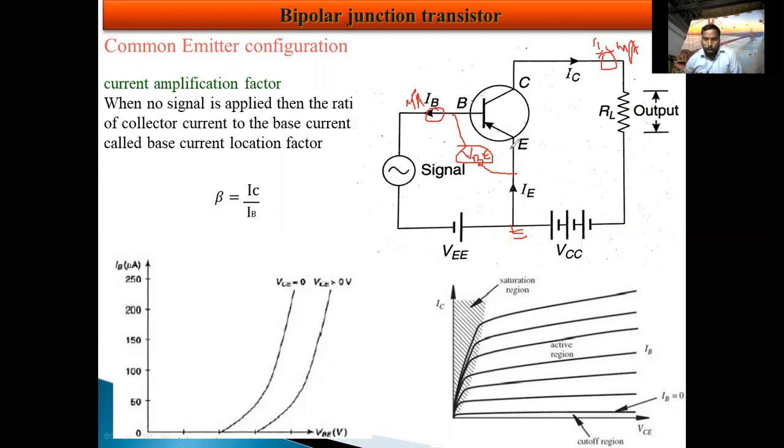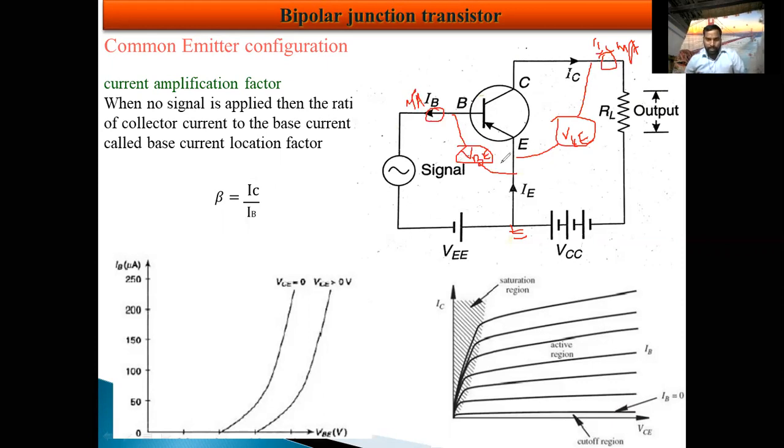Now the output voltage is measured like VCE. Now using this configuration, we have to discuss the two characteristics. One is the input characteristics, another one is the output characteristics.